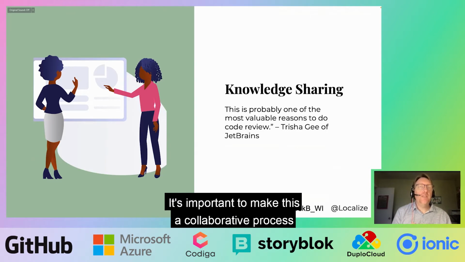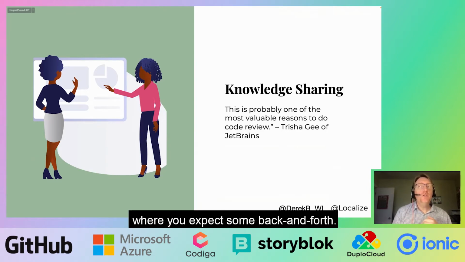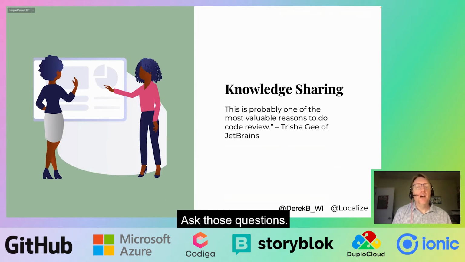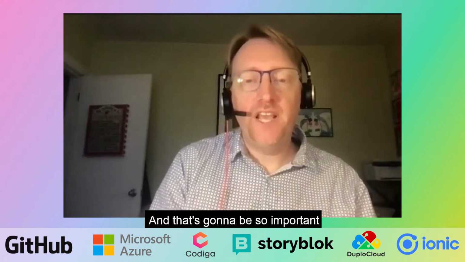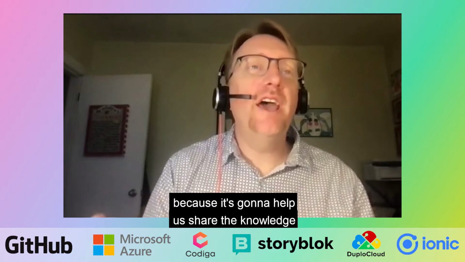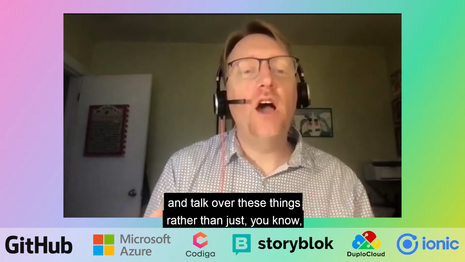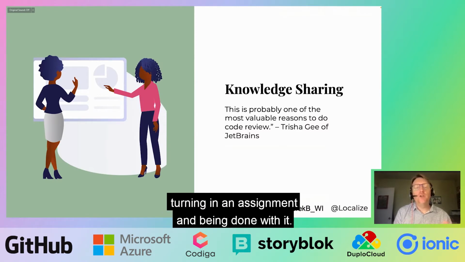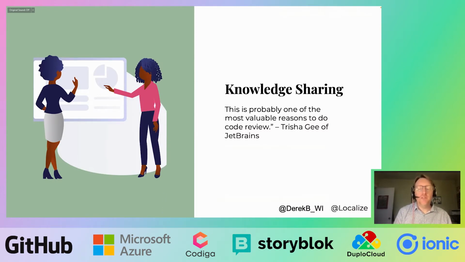It's important to make this a collaborative process where you expect some back and forth. You say, okay, well, why is this happening here? Ask those questions. And that's going to be so important because it's going to help us share the knowledge and talk over these things rather than just turning in an assignment and being done with it.